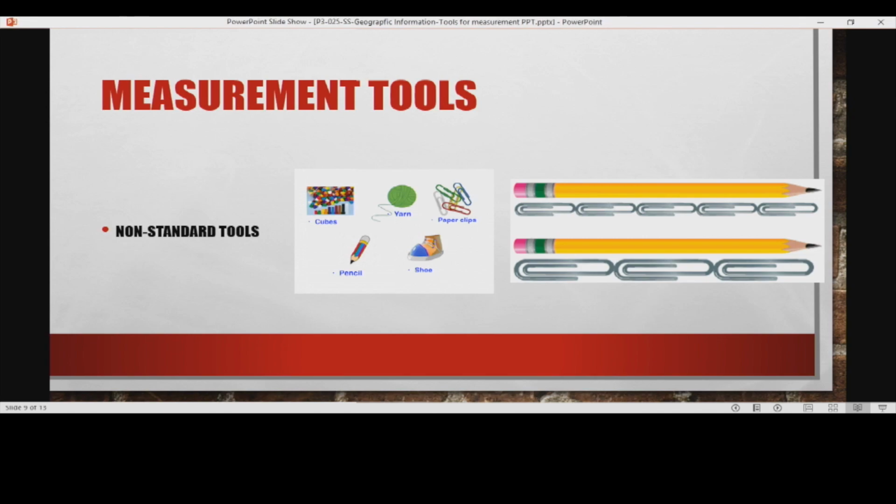Non-standard tools. We can use sometimes cubes, yarn, paper clips, shoes, or pencils. We can sometimes use these types of objects to measure distance too.